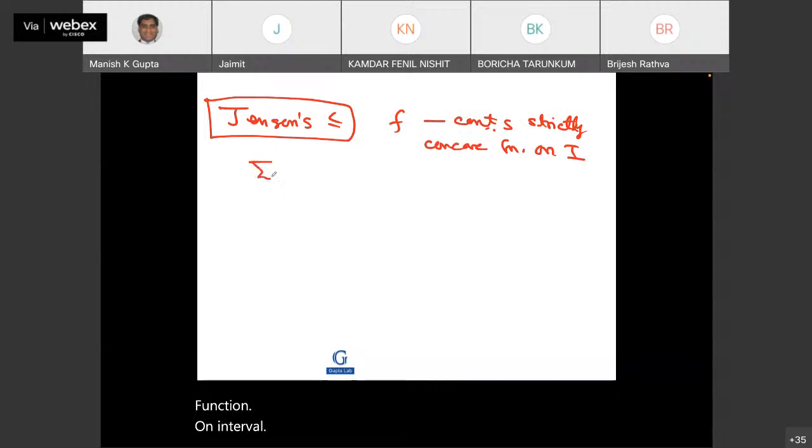Suppose further that the ai's are positive numbers such that their sum from 1 to n is 1.